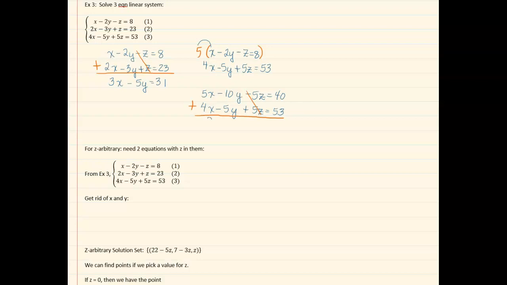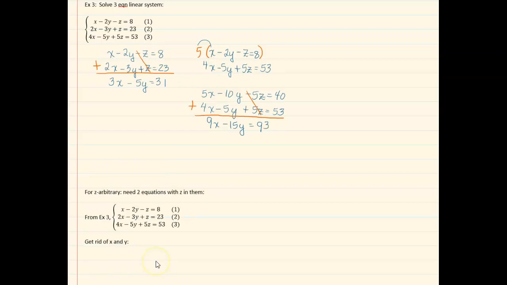I'll get 9x minus 15y is equal to 93. So now I have a two-equation system. The two-equation system consists of 3x minus 5y is equal to 31, and 9x minus 15y is equal to 93.